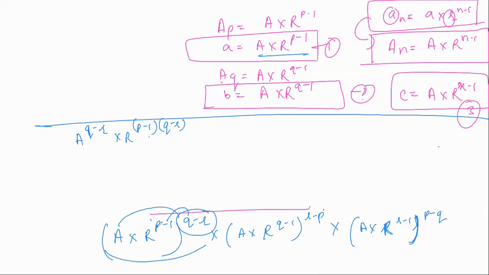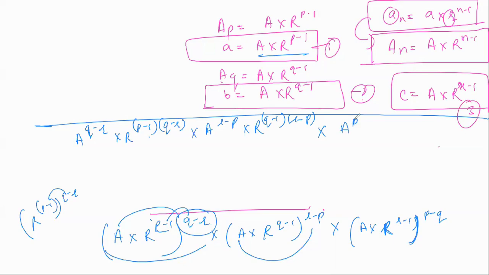Whenever you have a power inside and outside the bracket with a particular base, we have to multiply these two powers. Similarly, a raised to the power r minus p times r raised to the multiplication of these two powers. Then similarly with c, a raised to the power p minus q times r raised to the power r minus 1 times p minus q.